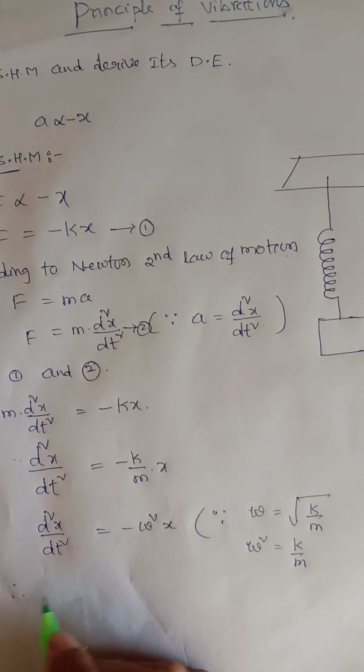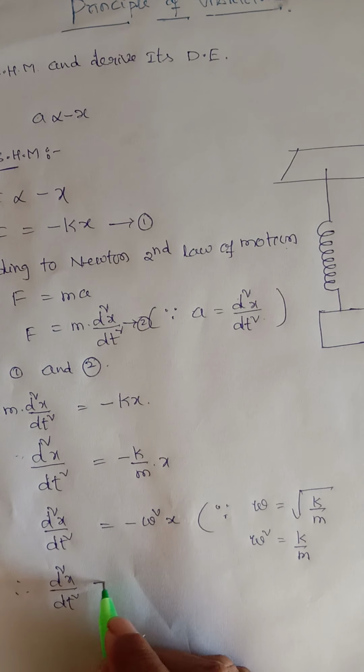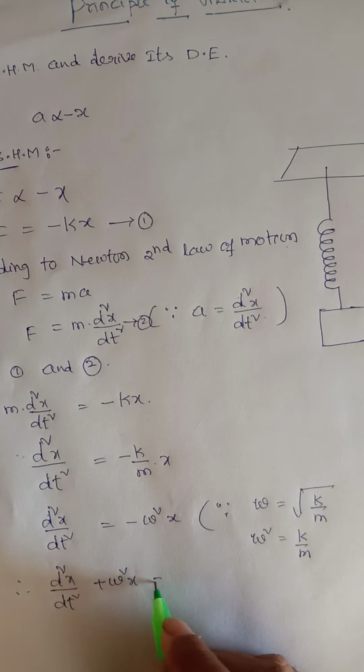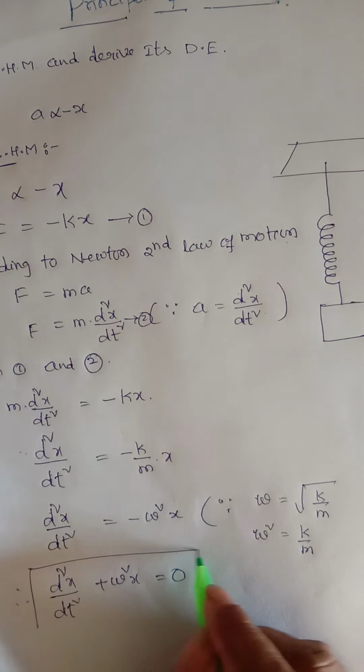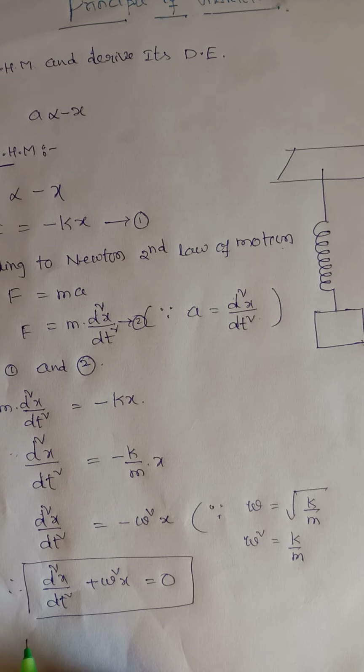Therefore d square x by dt square plus omega square x equals 0. This is the second order differential equation of simple harmonic motion.